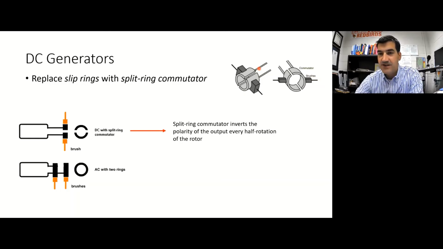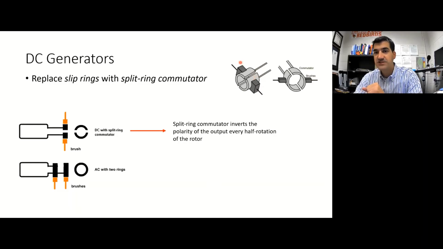But now instead what we have is this side of the armature permanently connected, like soldered, to this side of the split ring commutator, and this side of the armature is permanently connected, like soldered, to this side of the split ring commutator.